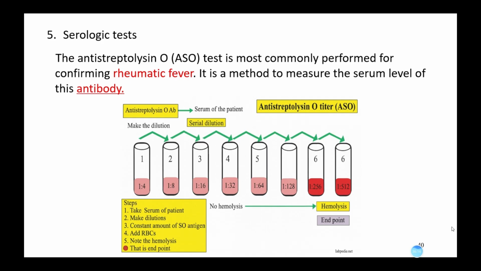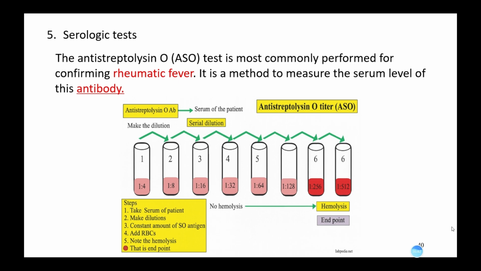So what you do is you get the patient's blood, then the patient's serum, then make a serodilution of the patient's serum. Then in each tube, you add the same amount of streptolysin O, the antigen, and incubate for some time. After that, you add the red blood cells.